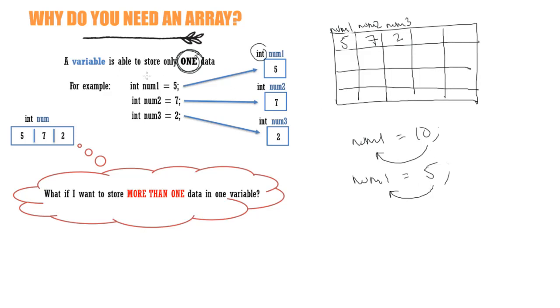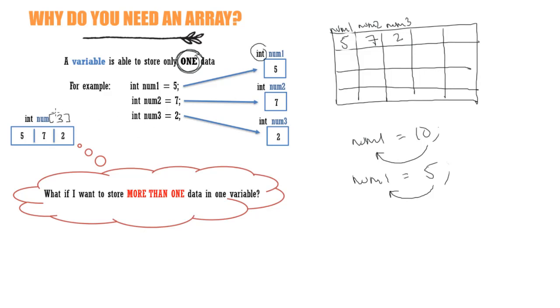But whenever you need to store more than one data inside your variable, you're going to use an array. Let's say I do int num, and then with an array you will have this box here. Let's say I want to create an array that can store 3 data at one time. So I can do 3.